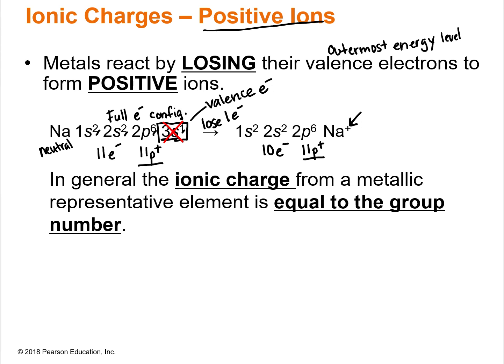When we go over to the sodium ion, we no longer have that 3s electron. It's gone. So when you total up what you have, you only have 10 electrons. We did nothing to the protons. The protons remain the same, so you still have 11 protons. You just have one less electron, and that means that you're now a positively charged ion. Does that make more sense?